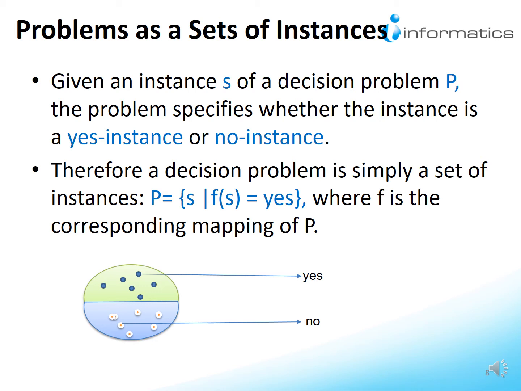If we know what the yes instances are, the problem will be well defined. In other words, if we can find the set S such that the mapping maps S to yes, then the problem is well defined.